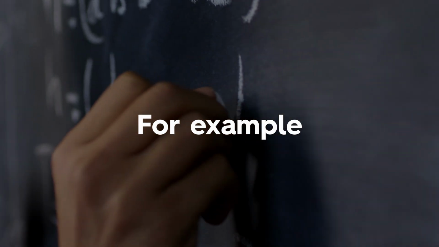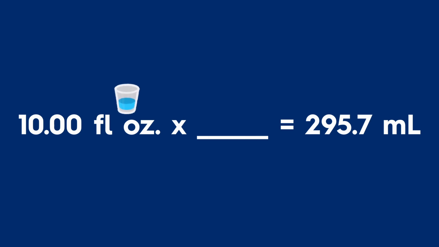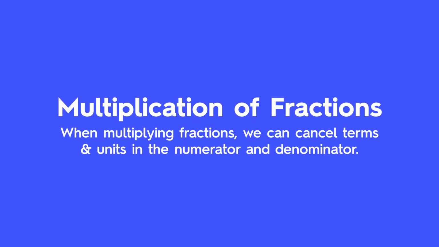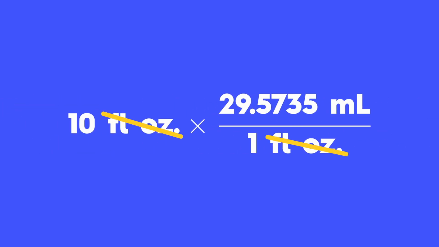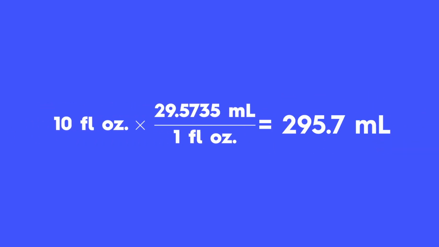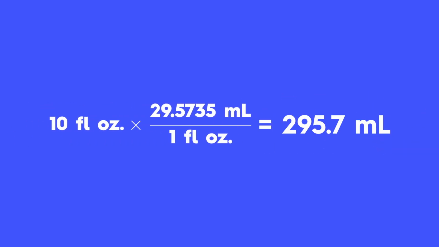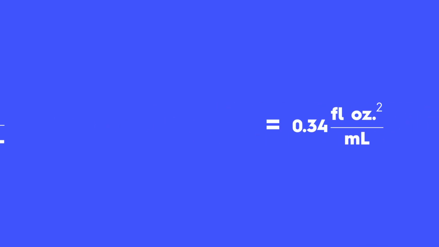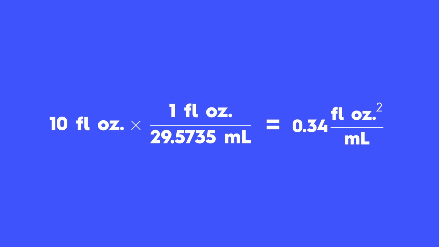For example, converting 10.00 fluid ounces to milliliters involves multiplying by a conversion factor. Using our earlier math rule, the correct factor is the one that cancels the original unit and gives the unit we want. So, multiplying by 29.5735 milliliters per 1 fluid ounce gives us milliliters, which is correct, unlike something incorrect like 1 milliliter divided by 29.5735 milliliters.